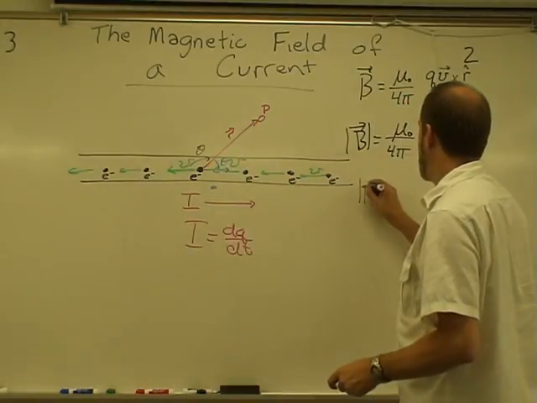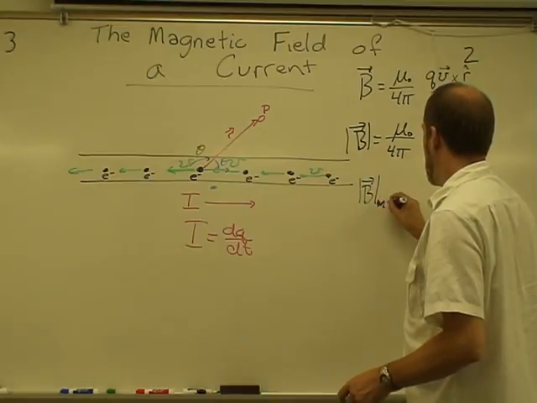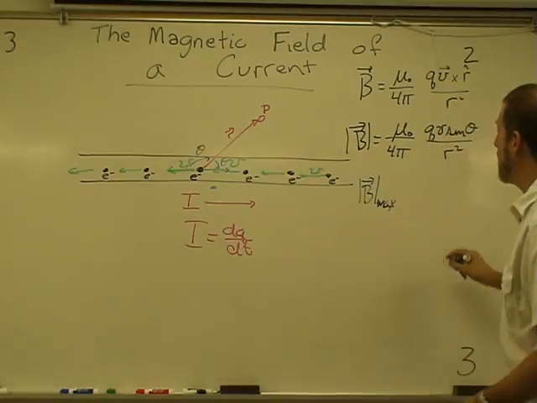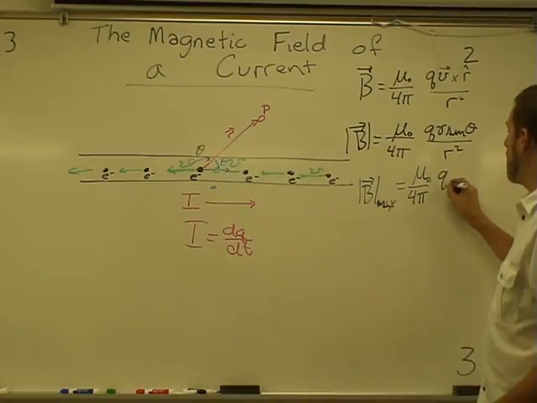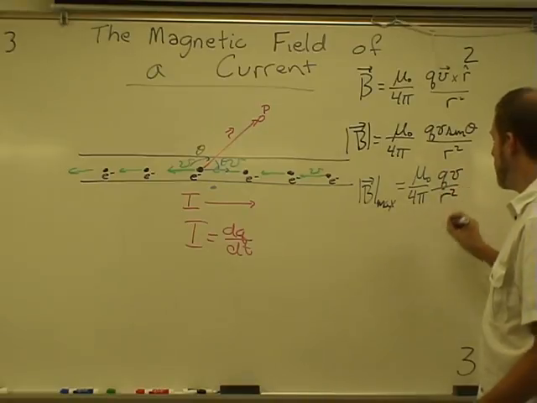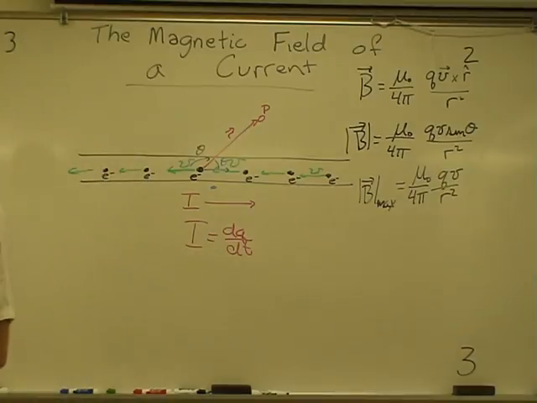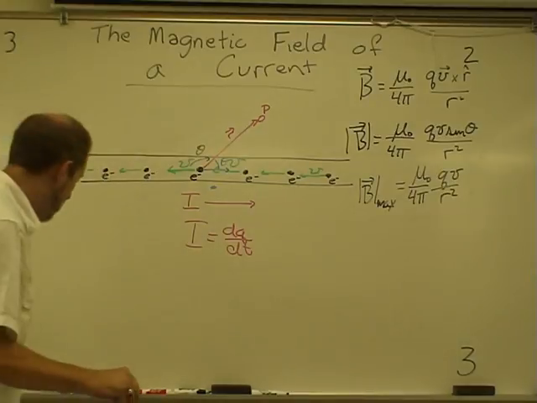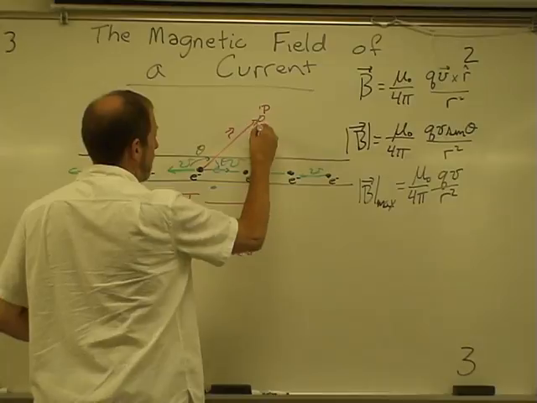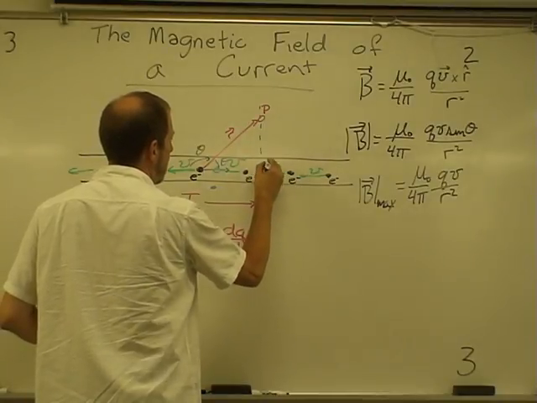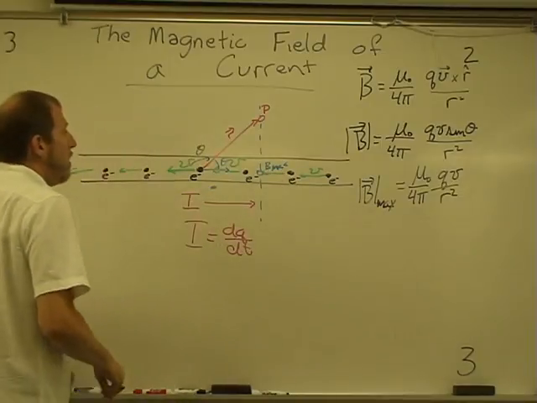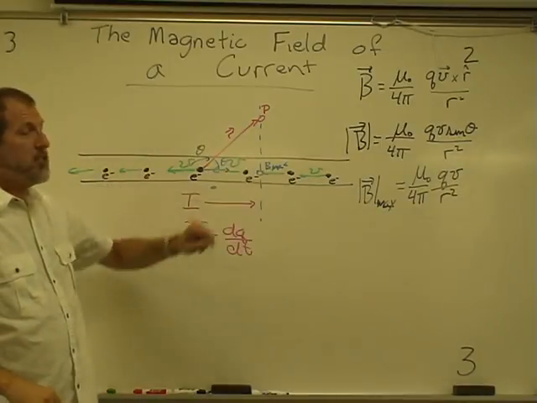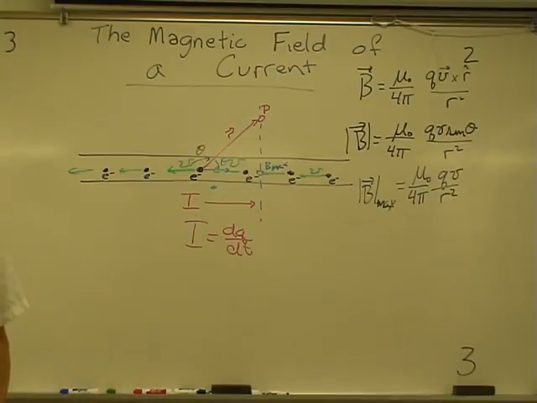Now, notice that the maximum magnetic field we're ever going to get in this case is equal to that constant mu naught over 4 pi times qv over r squared, because that'll be at its maximum when the velocity vector and the position vector are at right angles to each other.